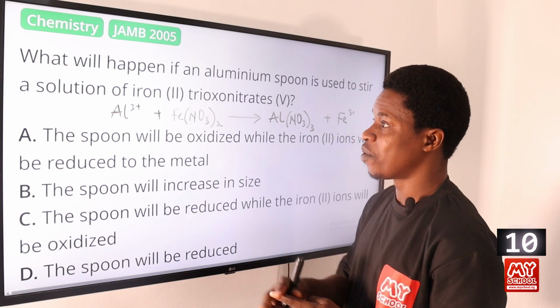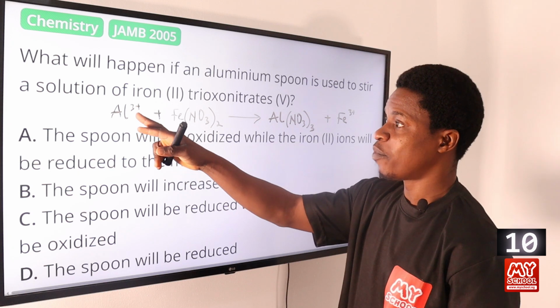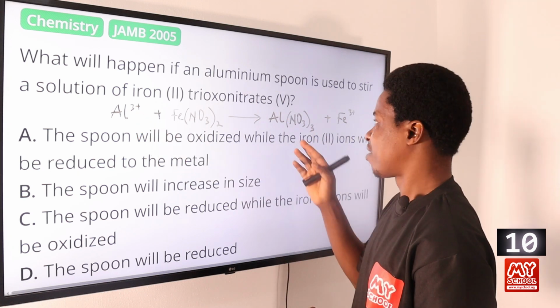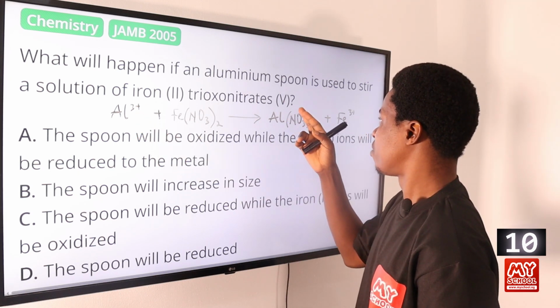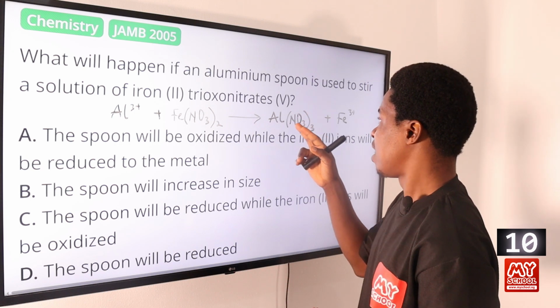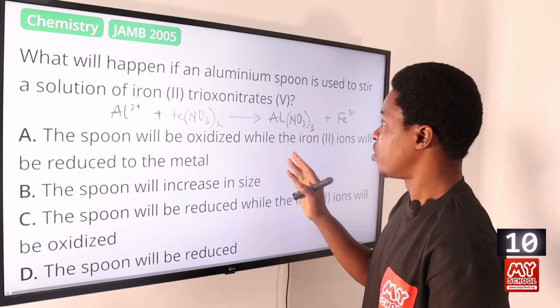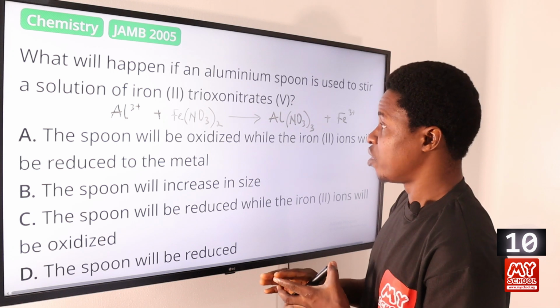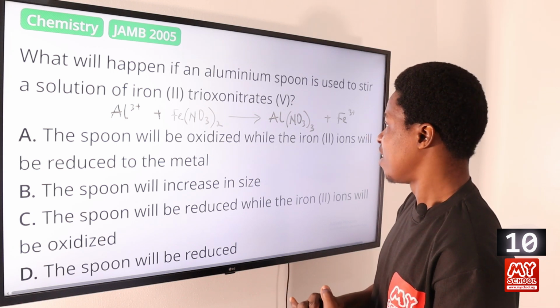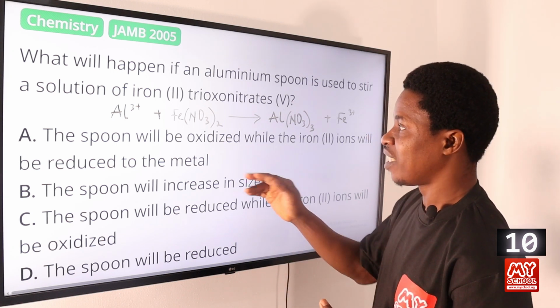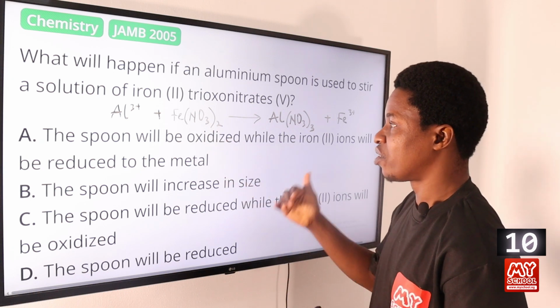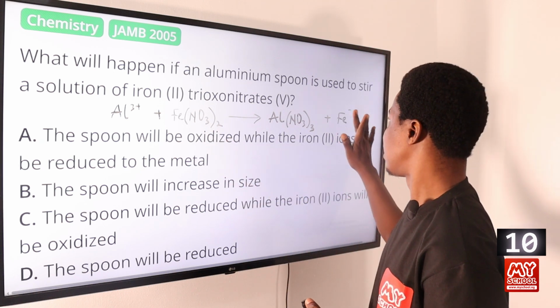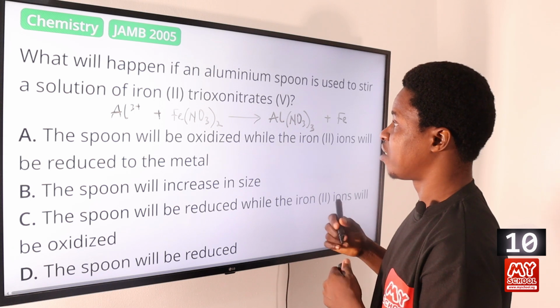So if you look at this one we have here, we have from plus 3 here, moving to, you can calculate the oxidation state of this here. This one is minus 1, times 3, that's minus 3 here. So the spoon will become oxidized, while the iron 2 ions here will become reduced to its metal. You can see it here, we have Fe here, it's reduced.